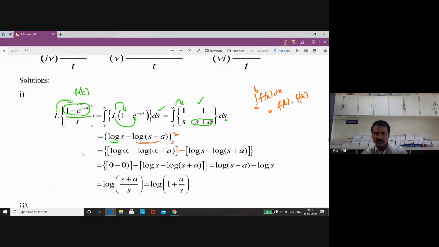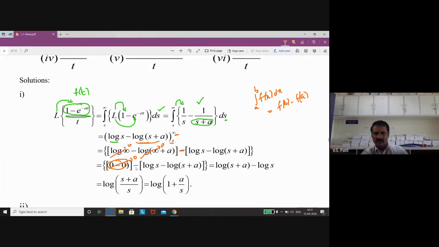By standard result, this log infinity, you can write it as 0. Log infinity plus some constant, that is also log infinity. So you can also write this as 0. So upper limit completely becomes 0. Don't worry about it. Minus log s as it is, log s plus a as it is.